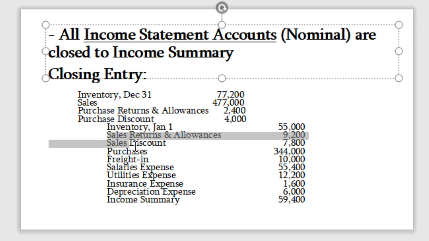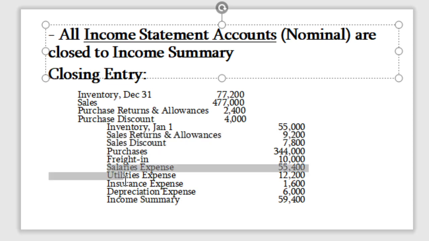And yung sales returns and allowances, which is debit yung kanyang normal balance, i-credit natin. Pati yung purchases, freight in, and itong mga operating expenses. Yung operating expenses natin, debit yung kanyang normal balance. So, para ma-close siya, dapat i-credit natin siya.